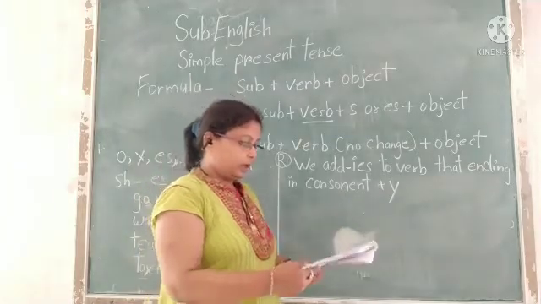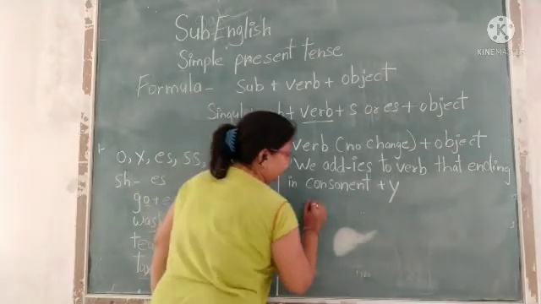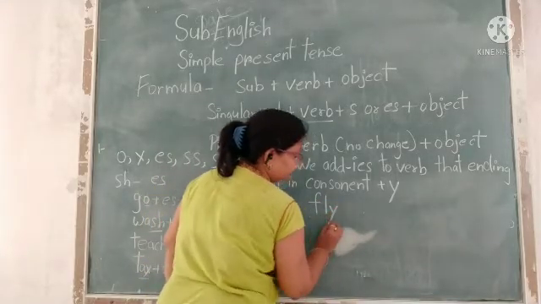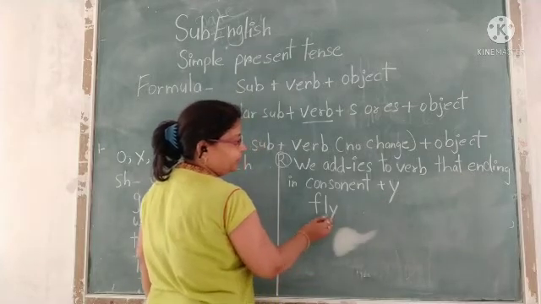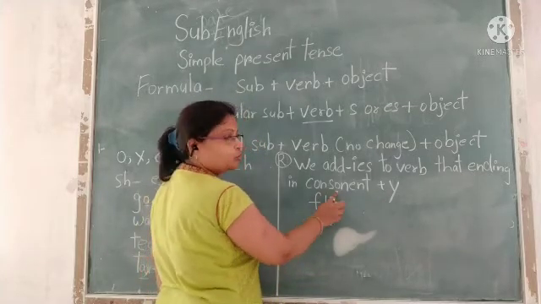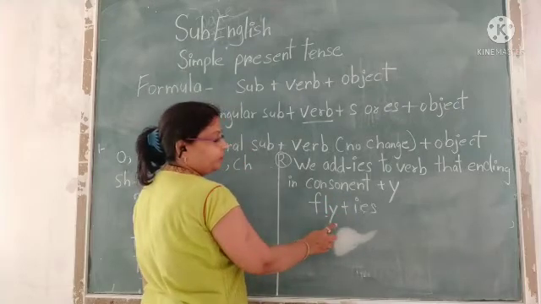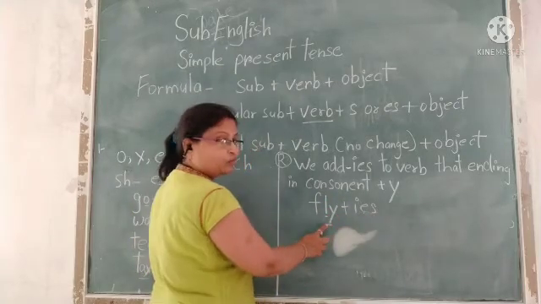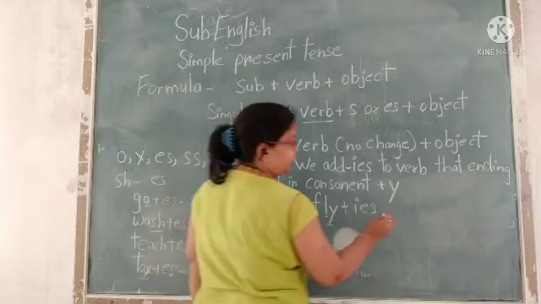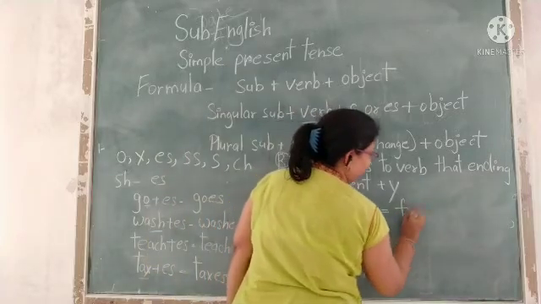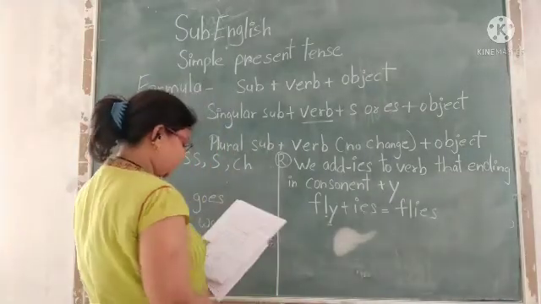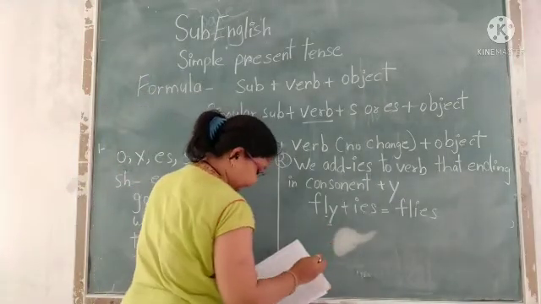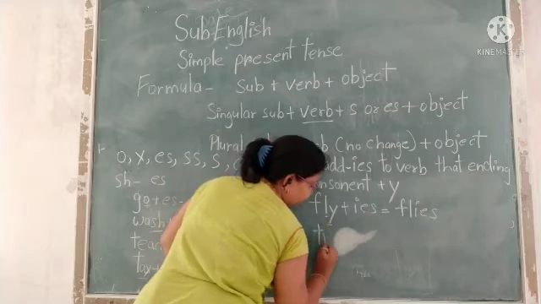Okay students, now look at its example, like fly. Its ending letter is Y, and before Y we find L, a consonant. So we add ies in place of y in this verb, like flies. Now look at its next example, try.